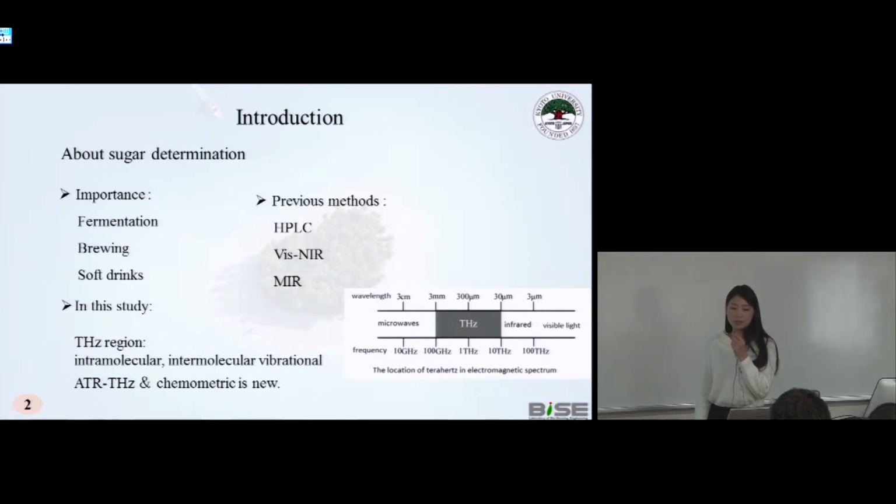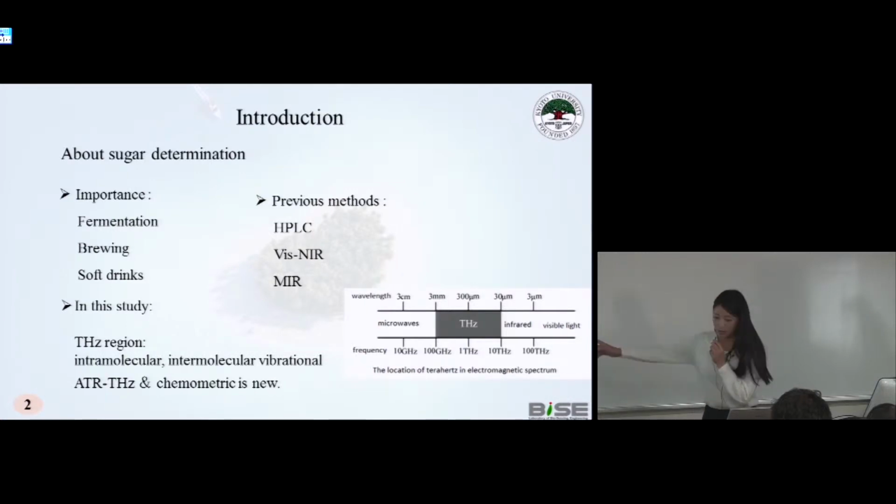Quantitative analysis of sugar concentration in solution is important in fermentation, the brewing process, and the manufacture of soft drinks. The previous methods were HPLC, visible near-infrared, and mid-infrared, but there is no report in the terahertz region.